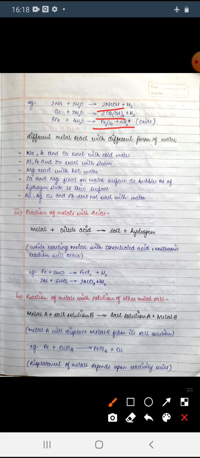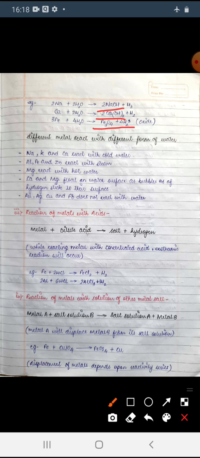Calcium and magnesium float on the water surface as bubbles of hydrogen stick to their surface. What happens in the reaction of calcium and magnesium? They will float on the surface of the water, while the bubbles of hydrogen form when the hydrogen is released. When anything is released, bubbles of gas will form.